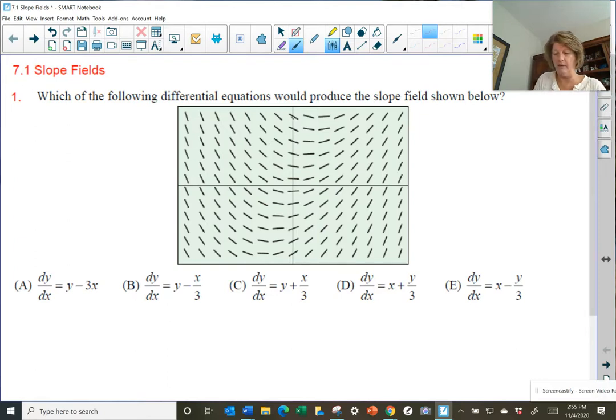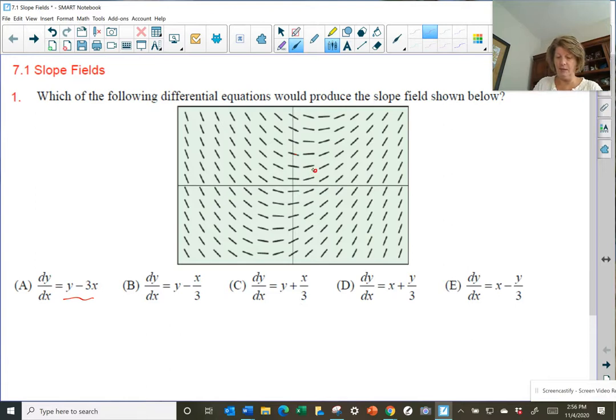Or if I had some very easy zero slopes to pick up, like when x is 0, would the slopes turn out to be 0? I'm not seeing any real obvious ones to check on this particular problem, so I'm going to just work left to right. For A, I get y minus 3x.